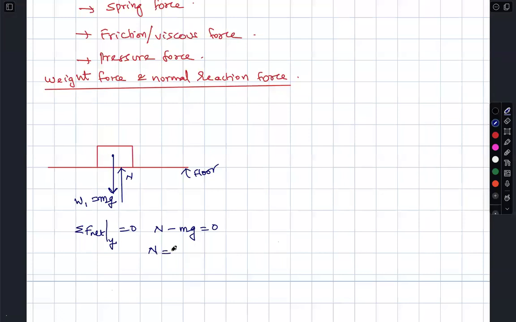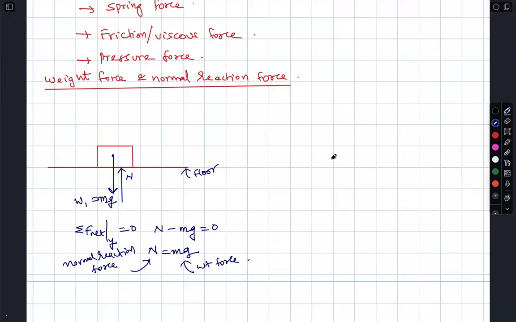So therefore, in this case, N is equal to mg. This N is called normal reaction force. This is called weight force.